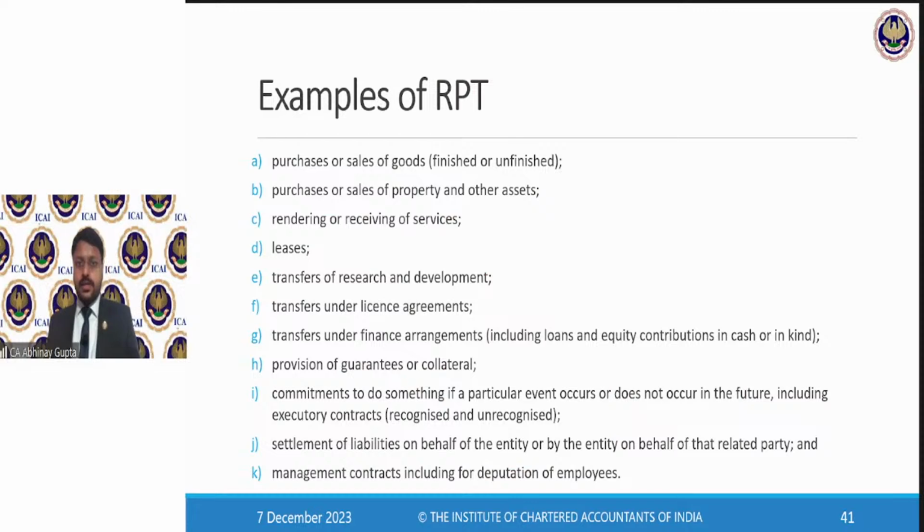What are a few examples of related party transactions? For example, purchase and sale of goods, finished or unfinished or raw material; purchase and sale of property, plant and equipment or any other assets, furniture, computers, etc. Rendering or receiving of any services: professional services, legal services, auditing services, internal audit services, advisory services, whatever.